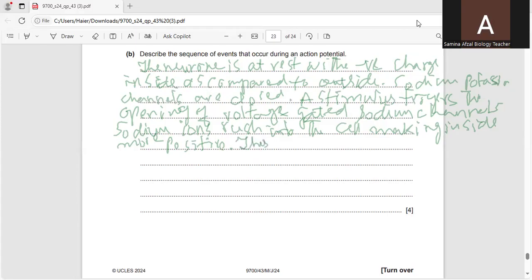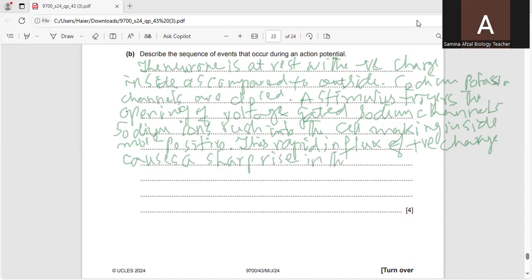This influx of positive charge causes a sharp rise in the membrane potential.